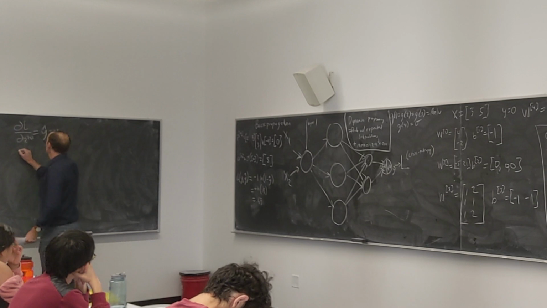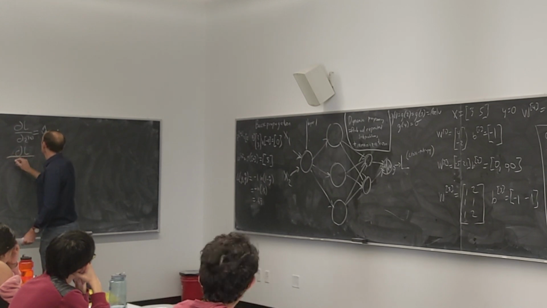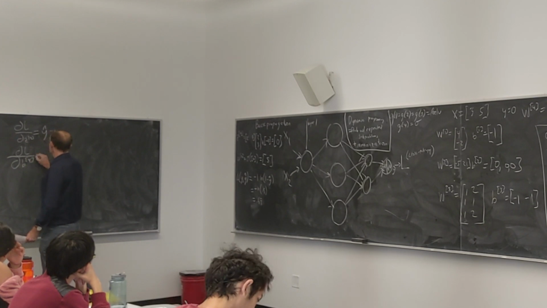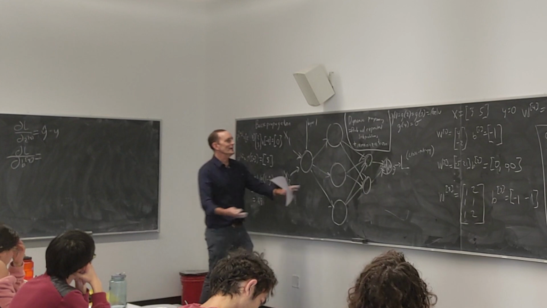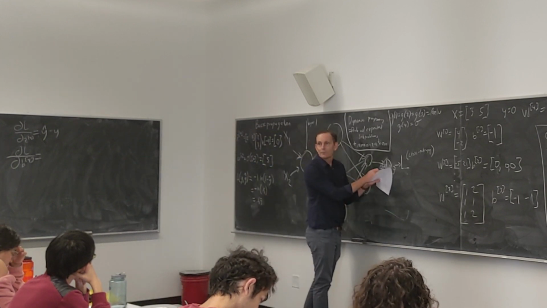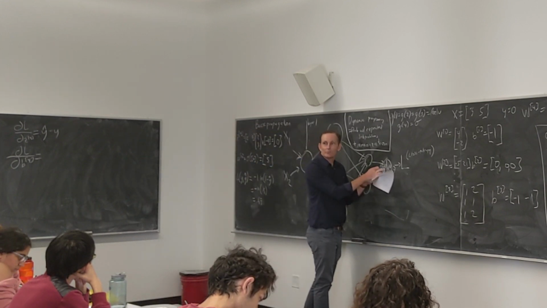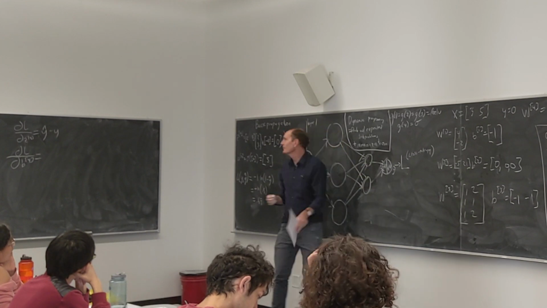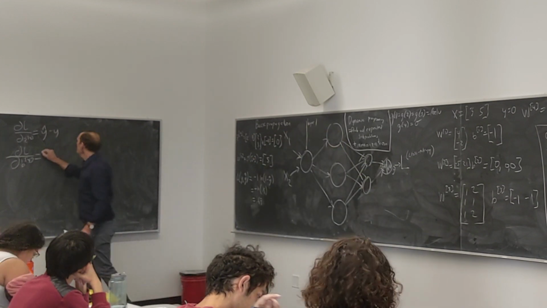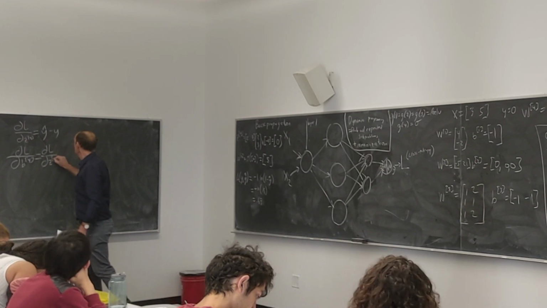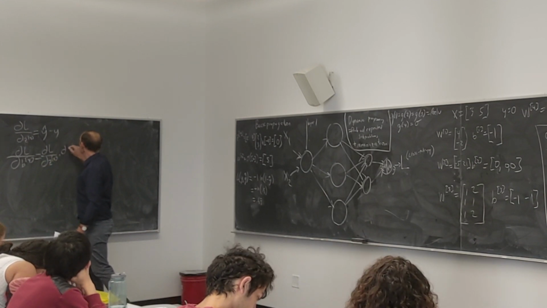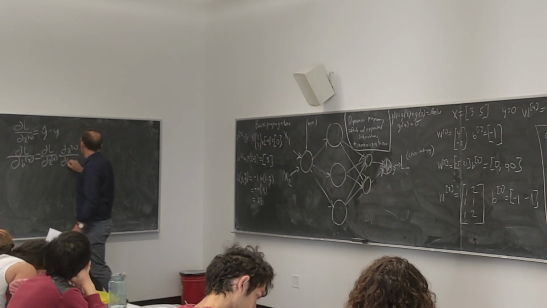So, it's going to equal the multiplication of all the way up to here, the partial derivative, times the partial derivative from here to the bias. So that's going to be from z4, and then from z4 to b4.